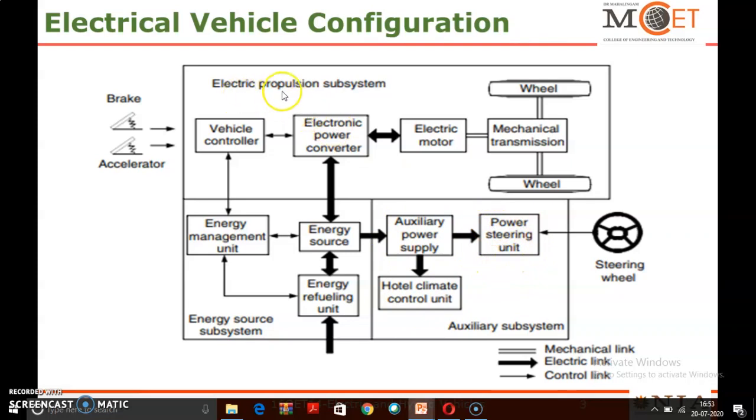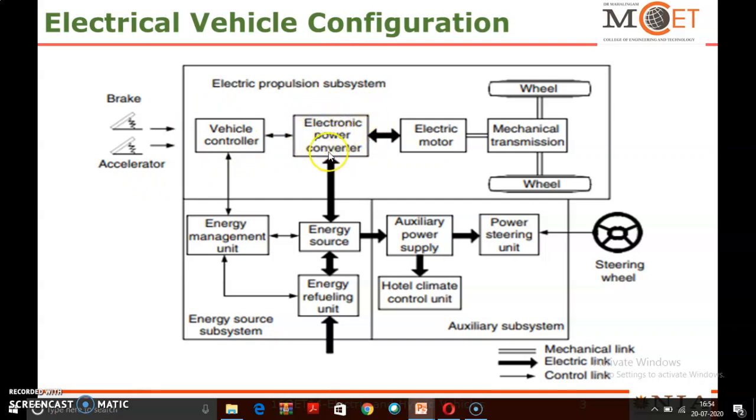So first we will see the electric propulsion system. Based upon the control input received from the brake pedal and the accelerator pedal, the vehicle controller feeds the input to the power electronic converter.